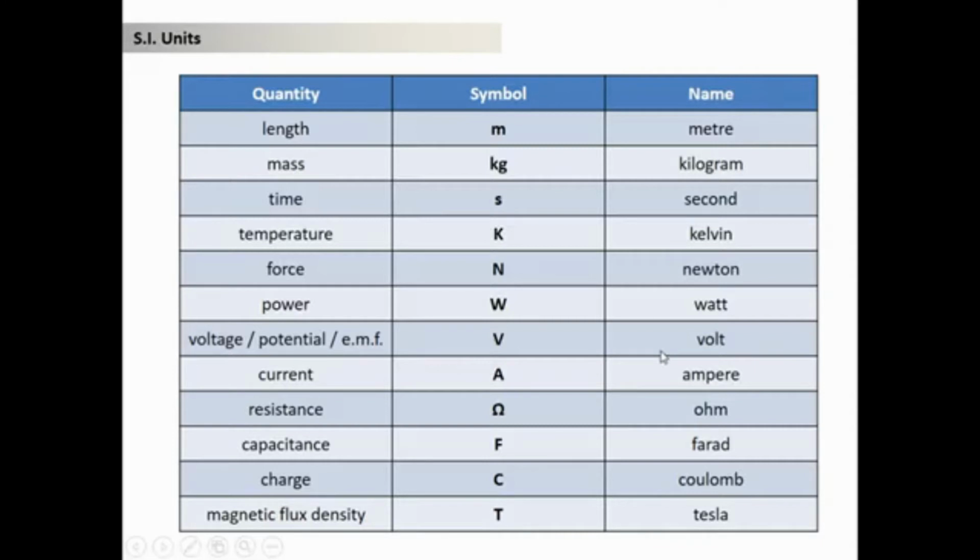And it's measured in volts, and the symbol for it is V. Current is ampere or amperes, and the symbol for it is A. Resistance is measured in ohms or ohm, and the symbol for it is omega. Capacitance is measured in farad or farads, and F is the symbol for it. Charge in coulomb, and C is the symbol for it. Magnetic flux density, Tesla, and T is the symbol for it.